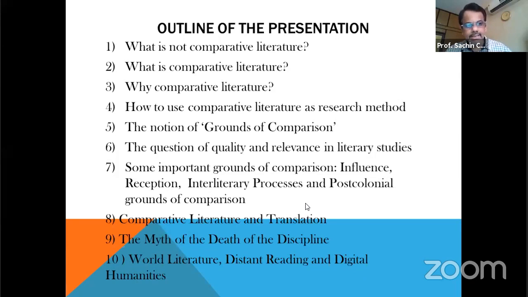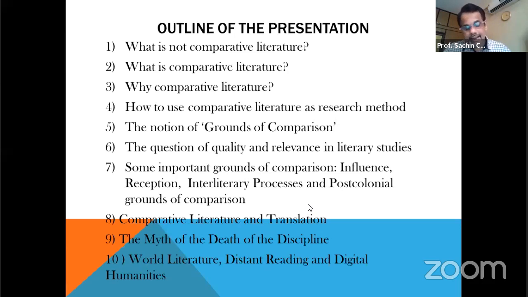After we have discussed what and why, we move over to how to use comparative literature as a research method, for which I will be talking about some of the key notions of comparative literature, like placing or grounds of comparison, which is one of the most important ideas in comparative research.